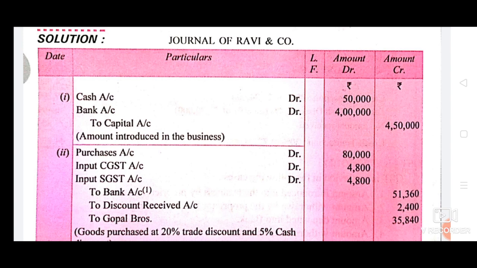After deducting trade discount, the price was rupees 80,000. We have charged CGST and SGST on that amount, that is 4,800 each. So the total amount payable is 89,600.